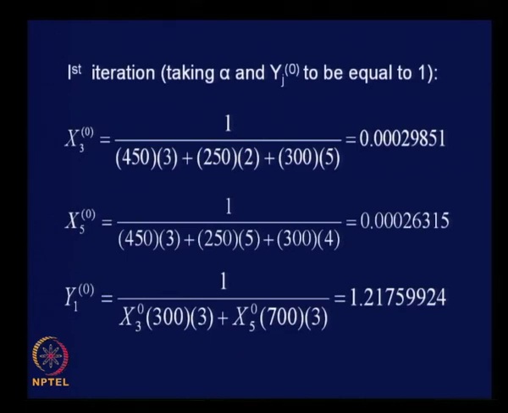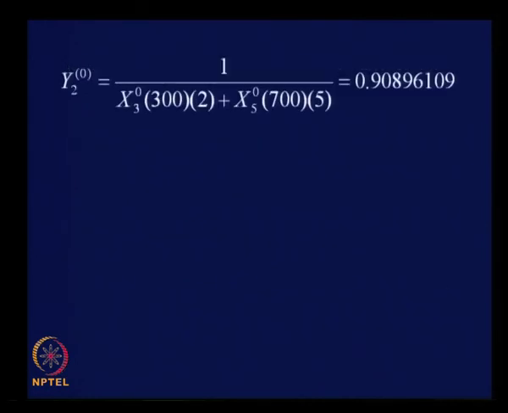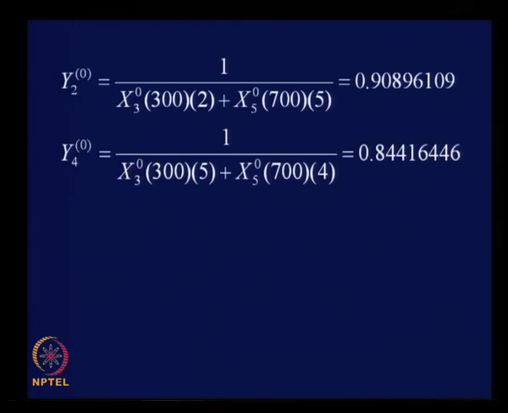y1 0, on the same lines we substitute the known values and we get a value of 1.21759924, again holding the same number of decimal places. y2 0.90896109, y4, substituting the corresponding values we are getting 0.8441646, right.